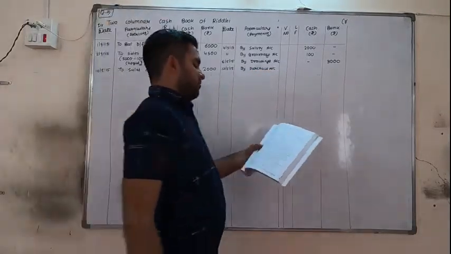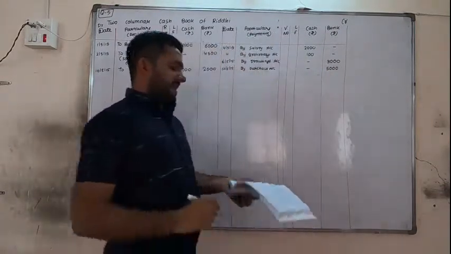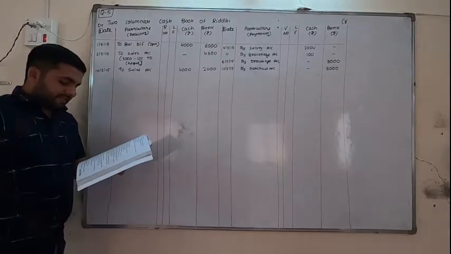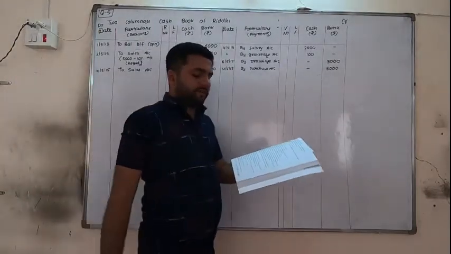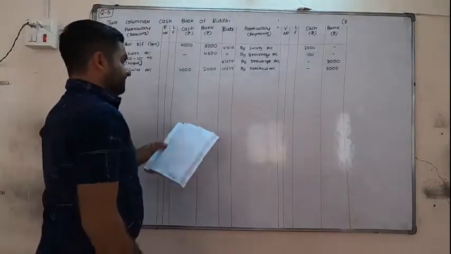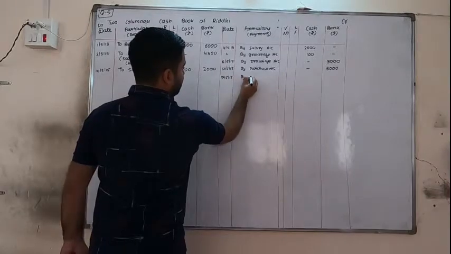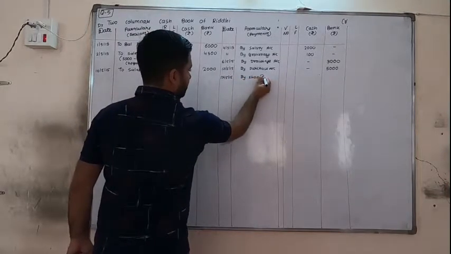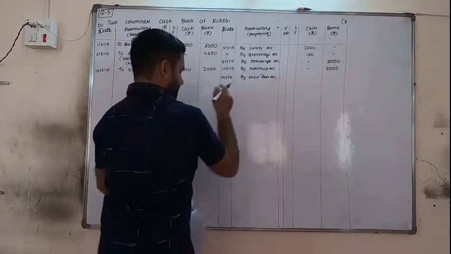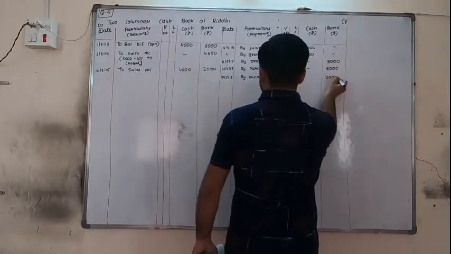Goods of 5,000 are purchased by check, so 5,000 will be written in the bank column. Next, shop rent of 2,000 paid by check. Again we are paying, bank is the giver, so on the credit side, 17/5/15 By shop rent account. The amount of 2,000 is paid by check, so it goes in the bank column.